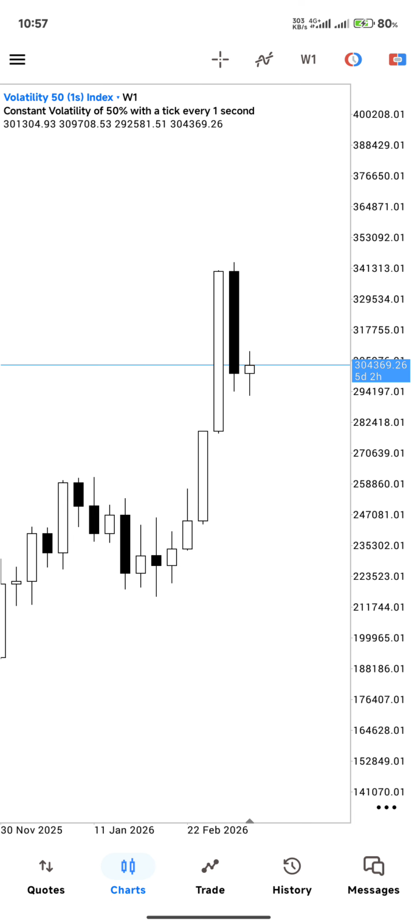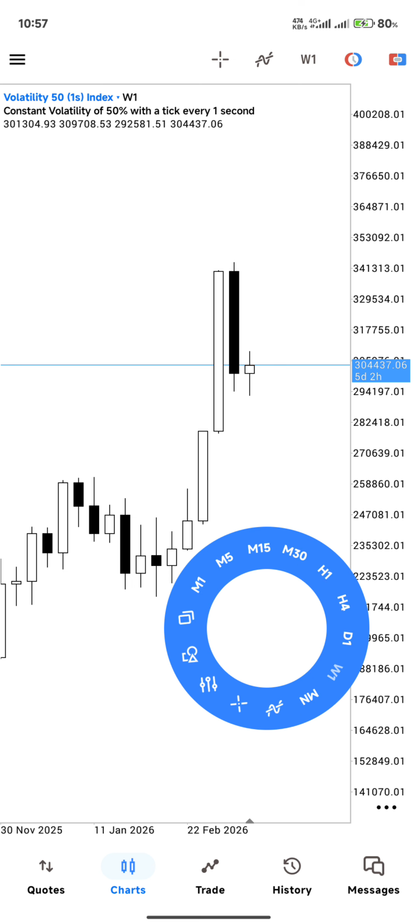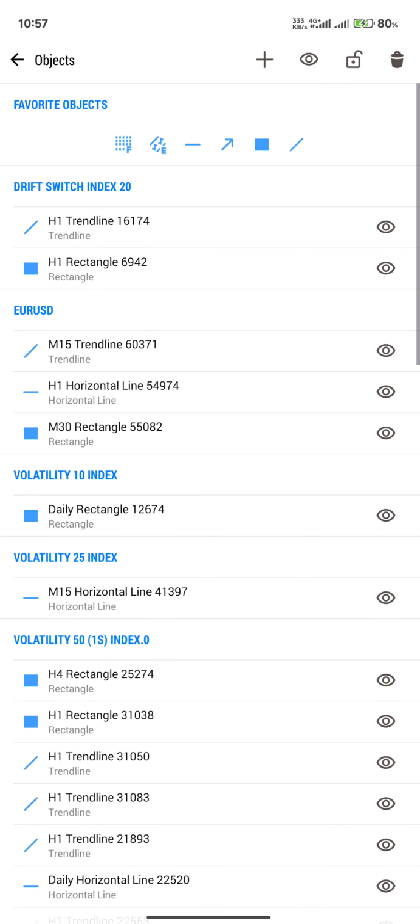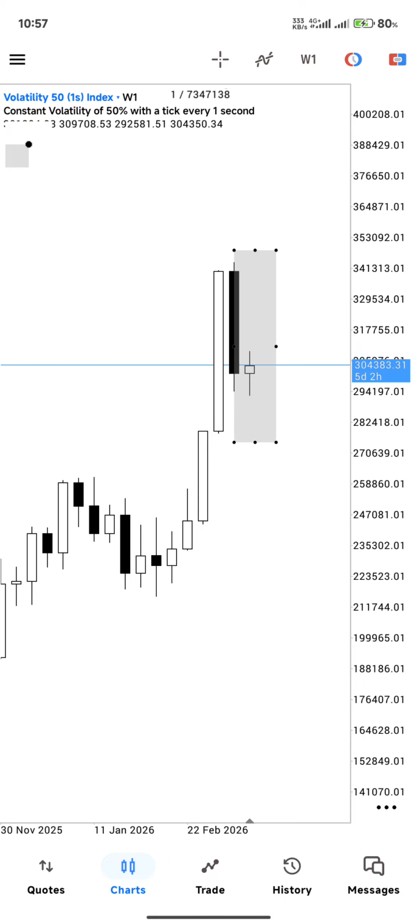So personally, I expect the market to remain bullish. But for now, price is retracing, so there's no reason for us to expect a new higher high for now. From the weekly time frame, I expect price to at least move 50% of this candle.